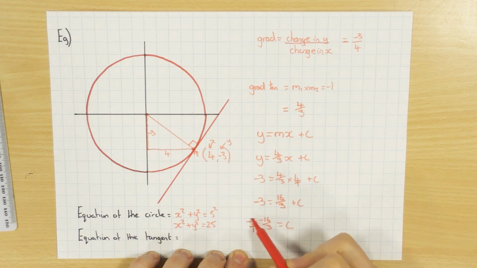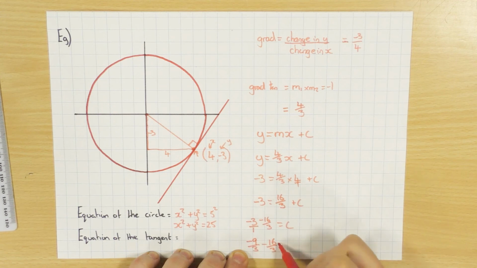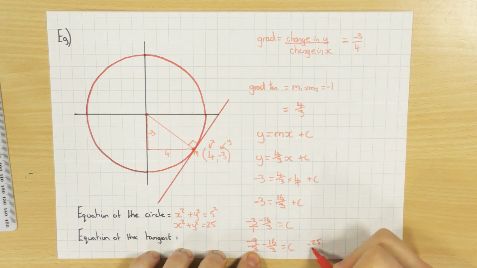So I'm going to times this by 3 to be minus 9 over 3 minus 16 over 3. Because my denominators are now the same, I can take away the numerators. So minus 9 minus 16 is minus 25 over 3, which is my y-intercept.